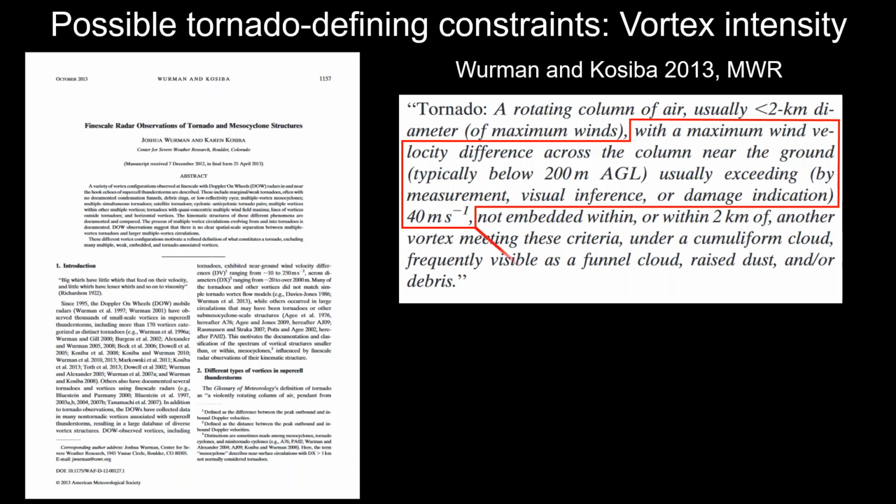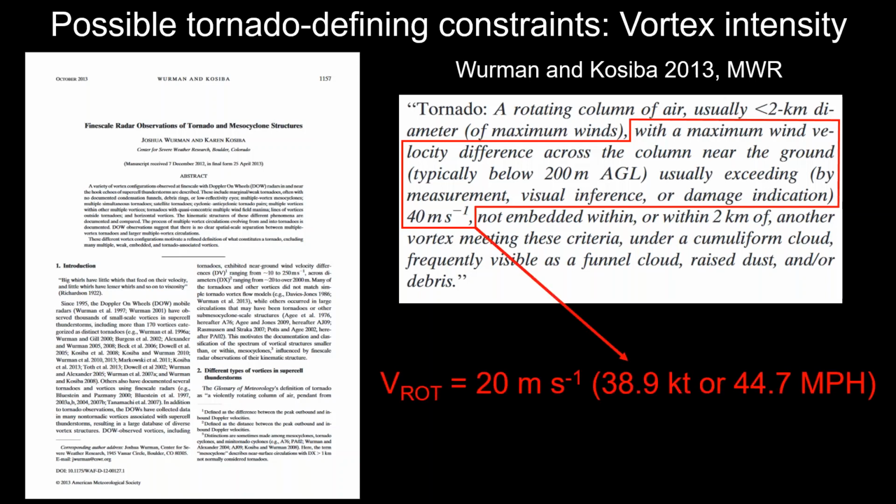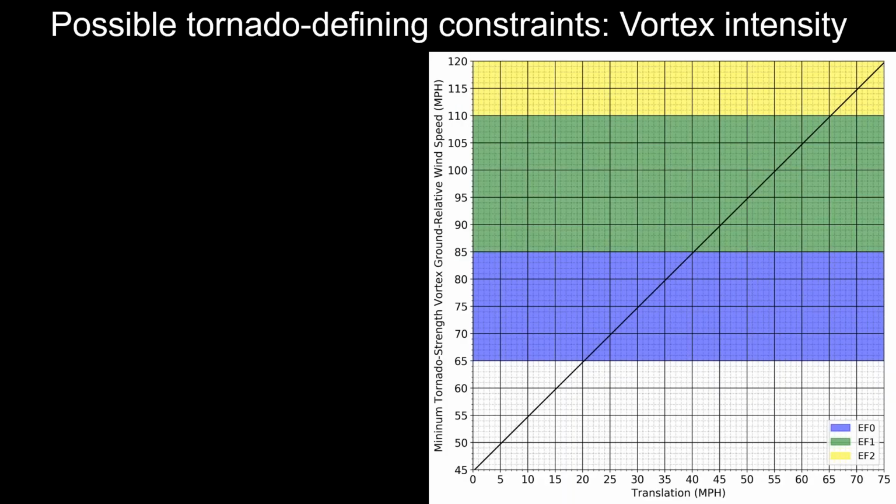So in more common parlance, this would be a rotational or tangential velocity of 20 meters per second, or about 45 miles per hour. So if we were to use the Wurman and Kosiba definition, you'd have to determine whether or not the column of air or the vortex that you're surveying reached a rotational speed of 45 miles an hour along its track, and if so, that would be how you would define it as a tornado. If you determine it didn't reach that rotational velocity, then it would fail to meet that criterion.